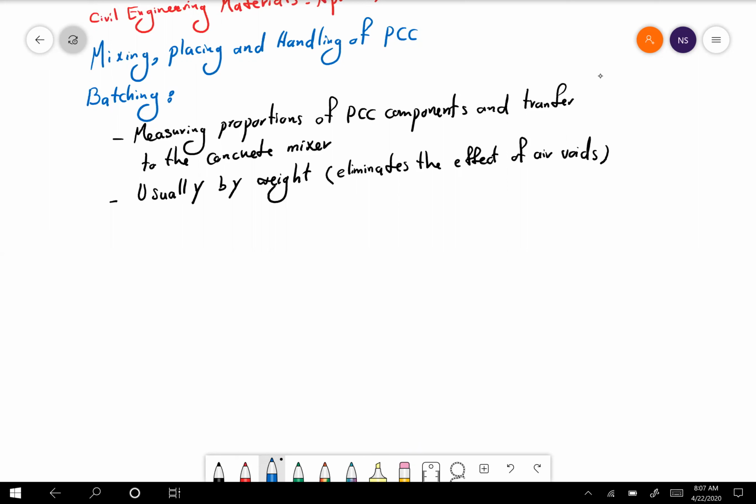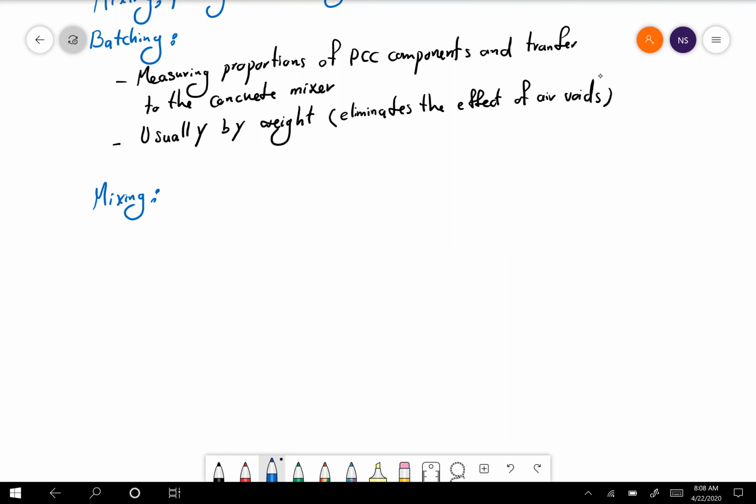So the mixing process: you need to mix until reaching uniformity, and you make sure that you have a uniform mixture of all the materials together.